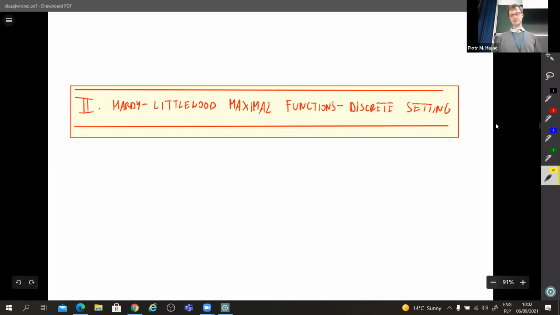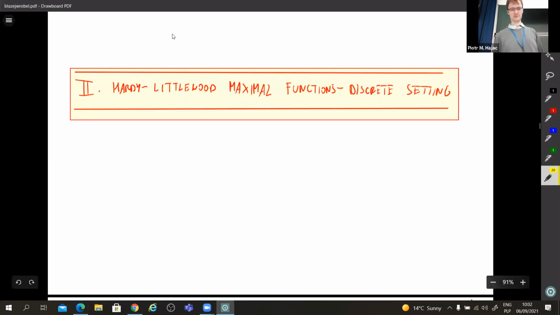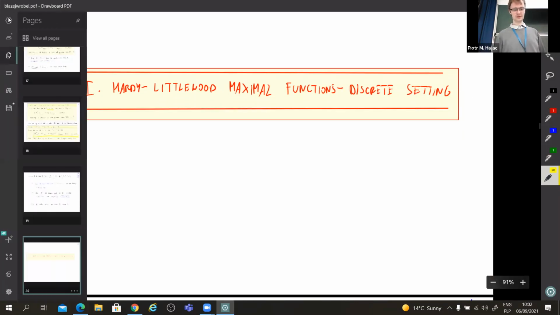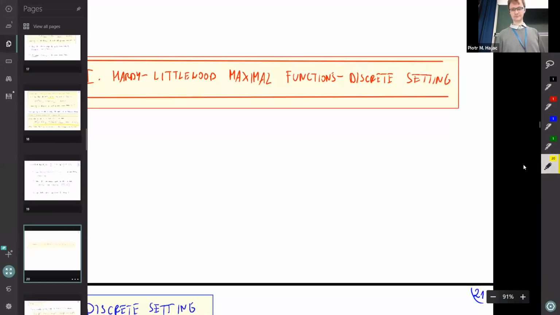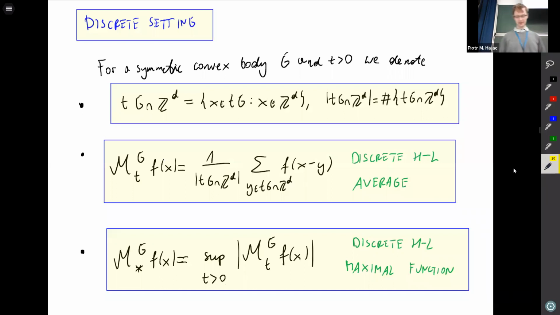Okay, so let me go into the objects that I'm going to speak about, to describe them. In the discrete setting, we are once again considering symmetric convex bodies, and I recall that this meant that the set was compact, had non-empty interior, and was symmetric about the origin.